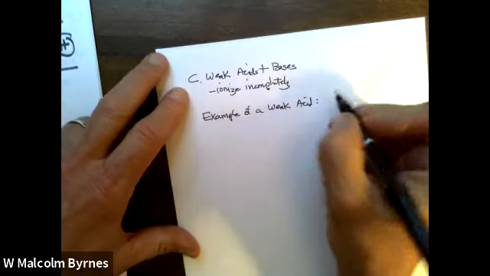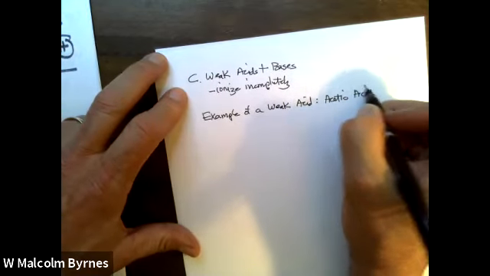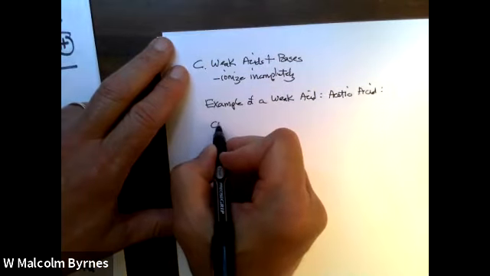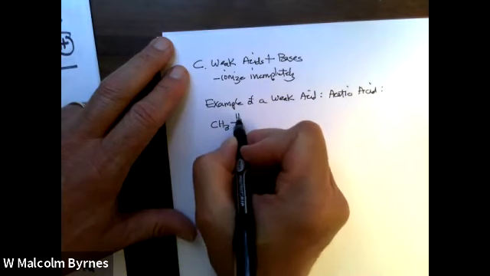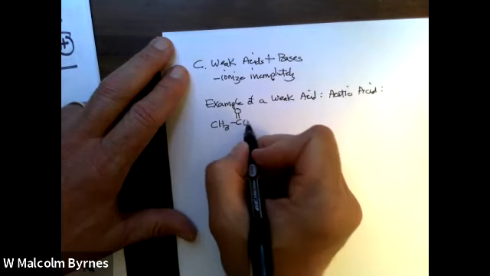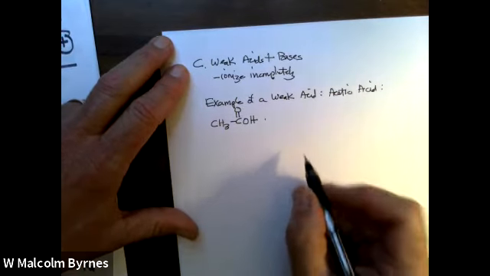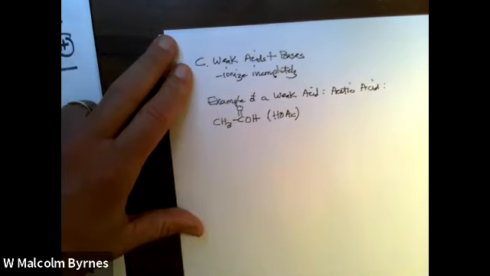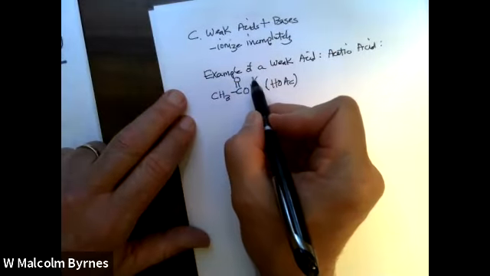Acetic acid. It has the structure CH3C double bond O, OH. That's acetic acid, and sometimes we can call it HOAc, for short. It's this proton right here that's lost.